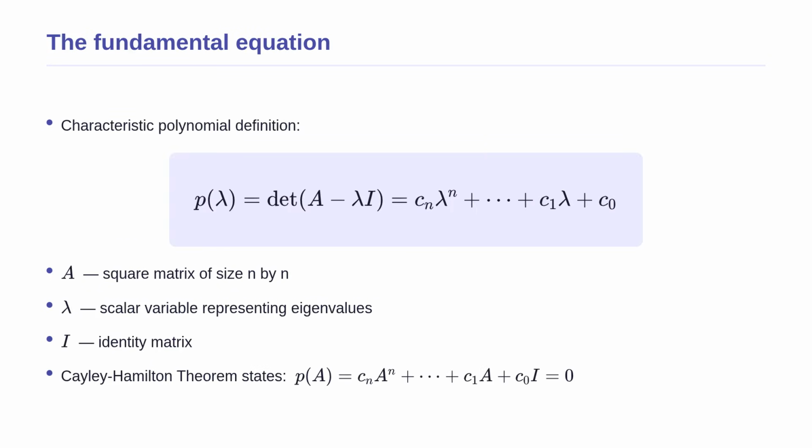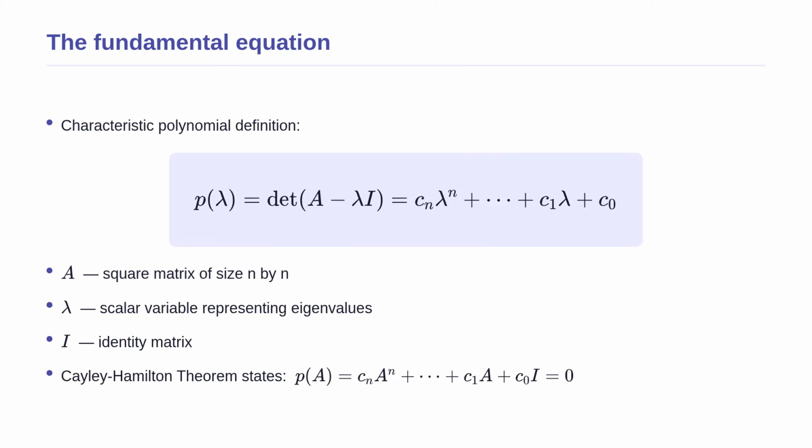Now that we understand the conceptual idea, let us look at the formal mathematics. The characteristic polynomial is found conceptually by taking the determinant of the matrix A minus lambda times the identity matrix I. Here, lambda is a scalar variable representing eigenvalues, and I is the standard identity matrix.